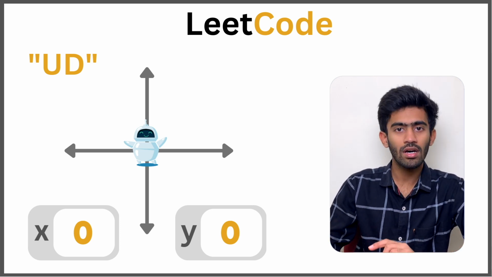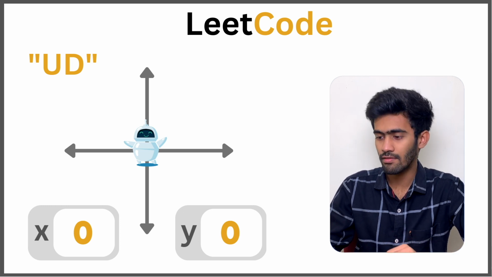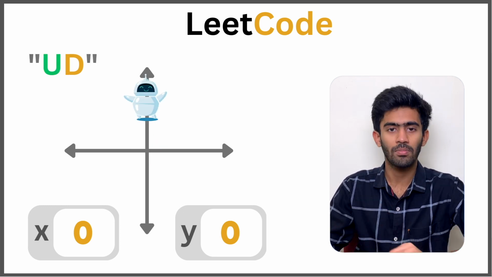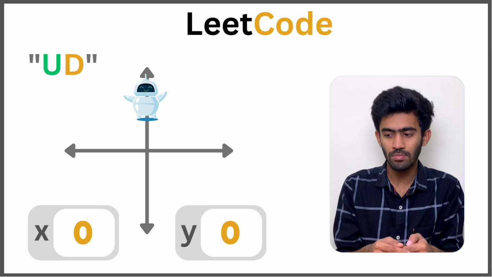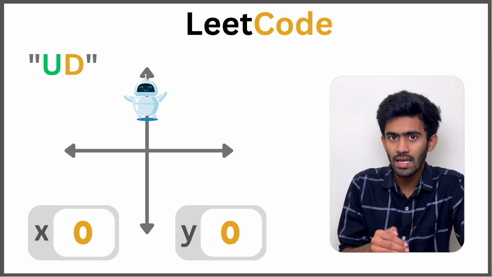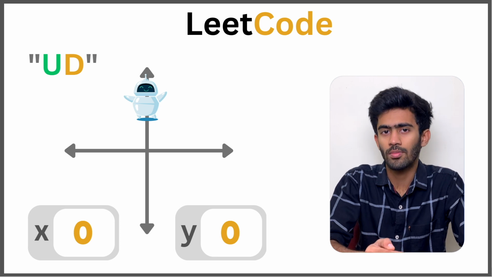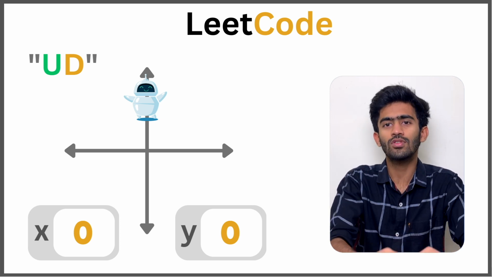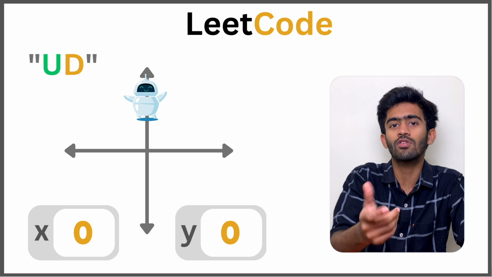So let us get to the first instruction that is given to the robot, which is up. So the robot travels from 0, 0 to some point which is up of the point 0, 0. So if it moves up, what coordinate of the point would change?